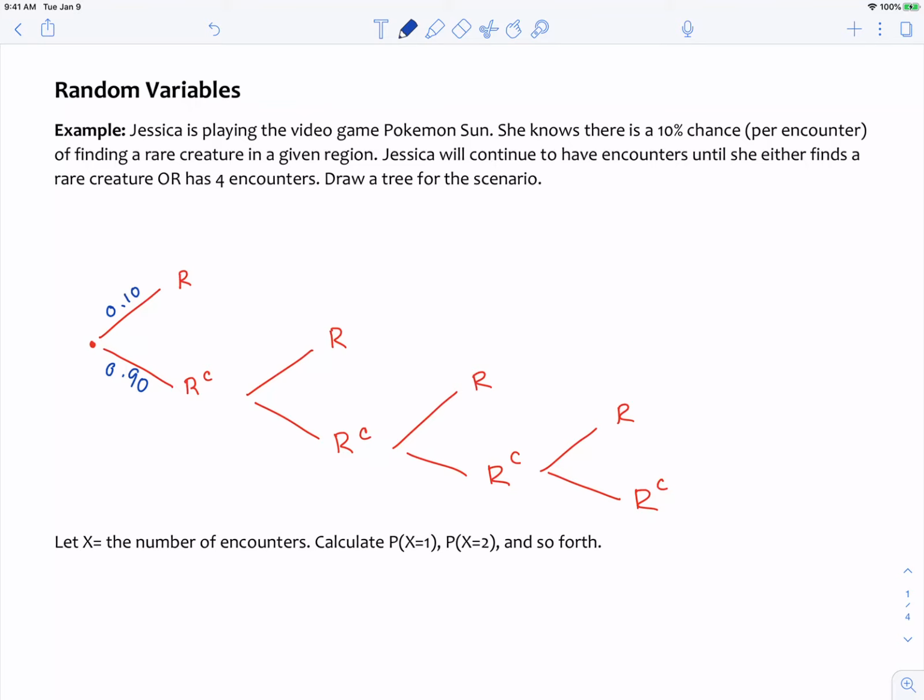Okay, and that is typically the case with your video game scenarios and other things like that. So that means the probability will remain the same for getting a rare or a not rare encounter. So that'll stay as 0.1, 0.9, 0.1, and 0.9. And remembering those branch segments off of a single node should add up to 1 in each of those cases.